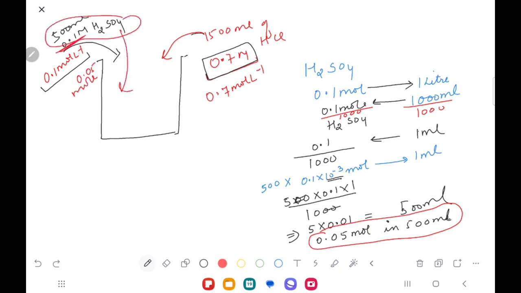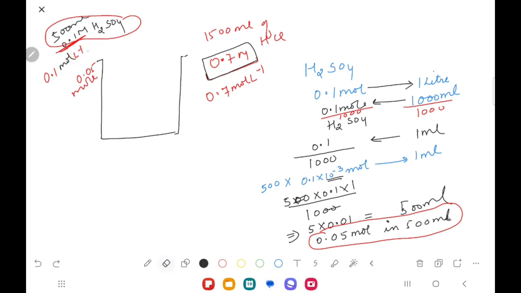No, I'm not adding the full 1 liter. If I would have added 1 full liter, then it would have been 0.1 moles of H2SO4 coming from this side into the beaker. Do you understand my point? So what I'm trying to tell you is, just understand what exactly is happening.